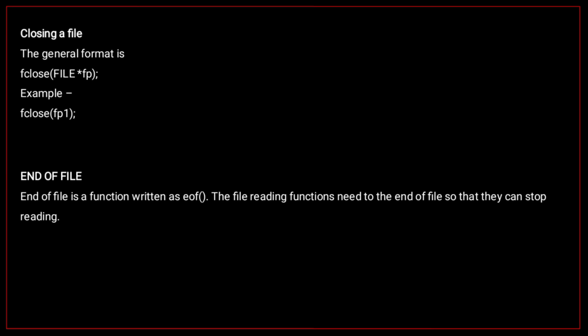When the program receives this signal, the file reading function returns EOF, which is a constant defined in the file stdio.h, and its value is -1. EOF is an integer value. The return of the function is assigned to an integer variable.